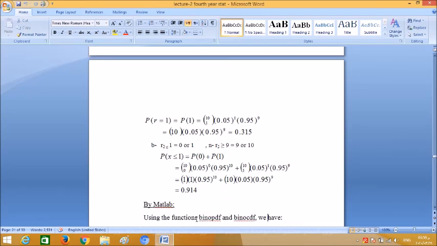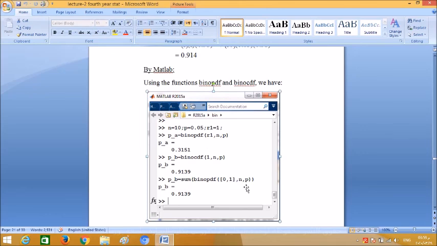0.914. By MATLAB, using the functions binomial PDF and binomial CDF, we have N equal 10, P equal 5%, R1 equal 1.